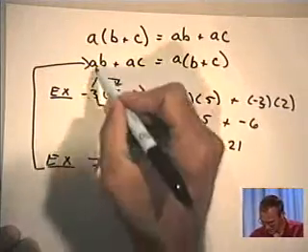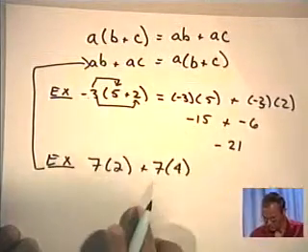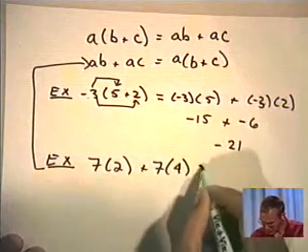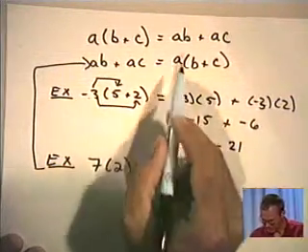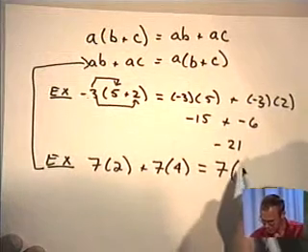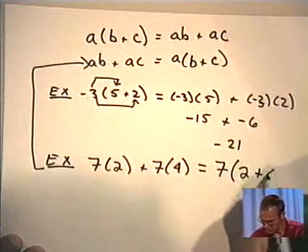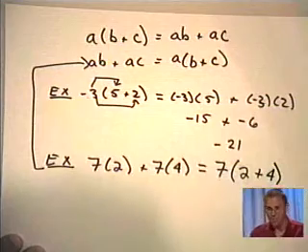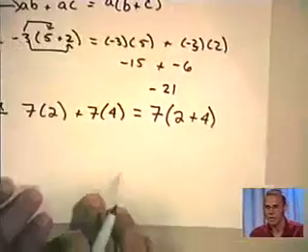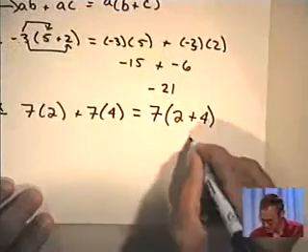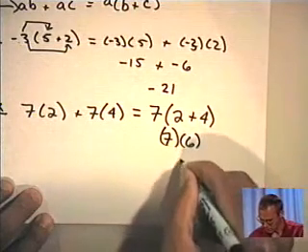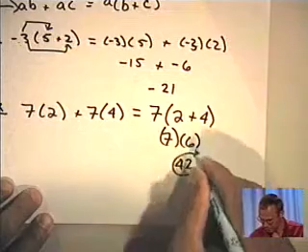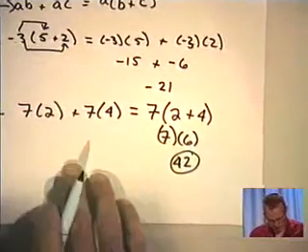Notice my 7 would be my a in this problem. So according to the distributive property, I can write my 7 and then times the quantity 2 plus 4. Now we could simplify if we want. 2 plus 4, which is 6, times 7 is 42.